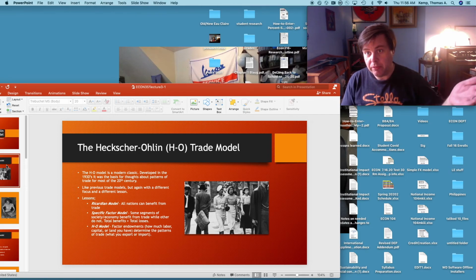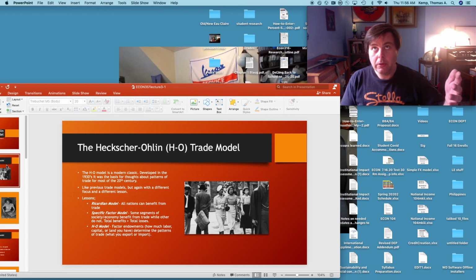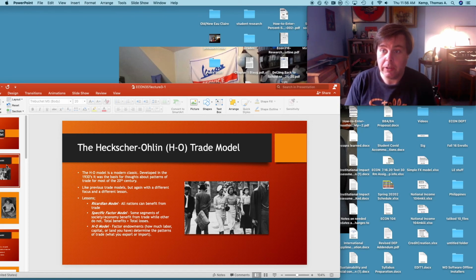In this specific factor model, if you could move around and take advantage of trade, then you're going to be a lot better off. Whereas if you were stuck in an industry or type of production that was now subject to imported goods and services, and unable to move away from there, it's very likely you were going to lose from trade.